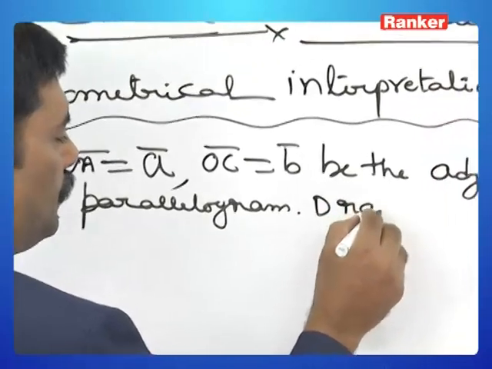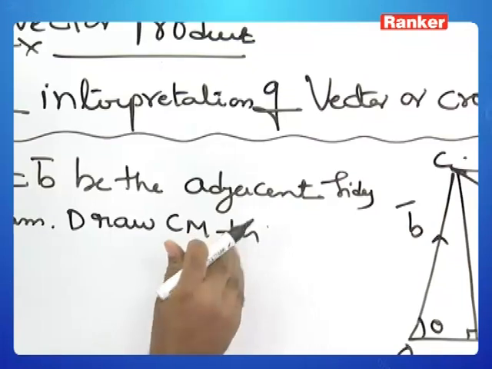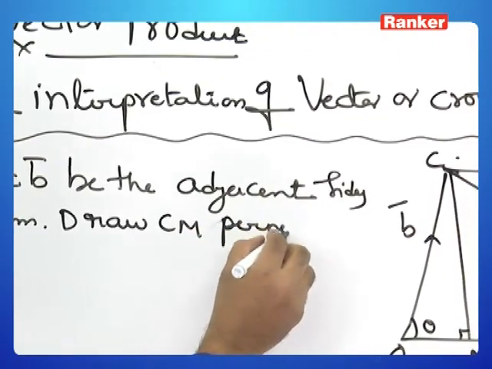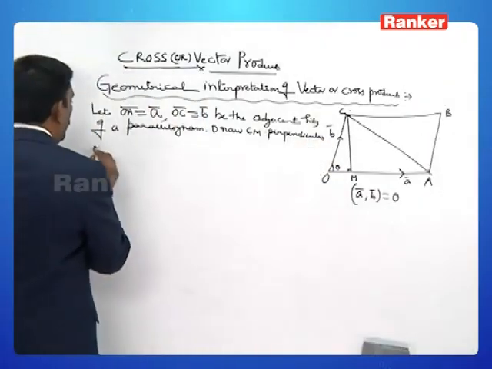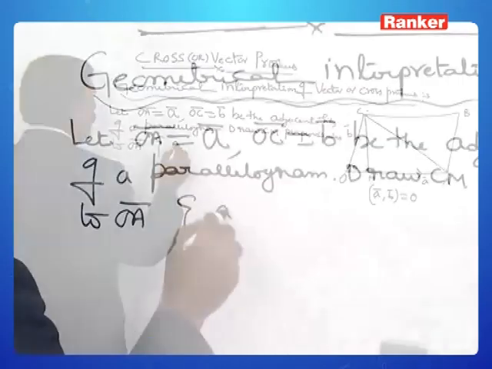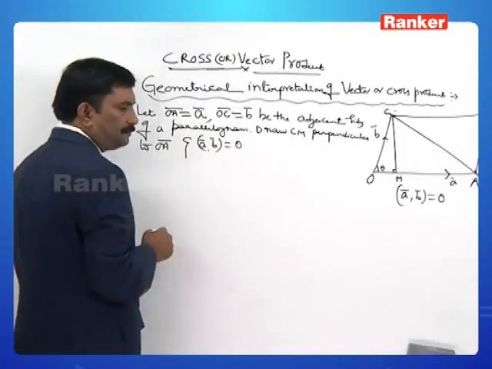Draw CM perpendicular to OA, and angle between A bar and B bar is theta.